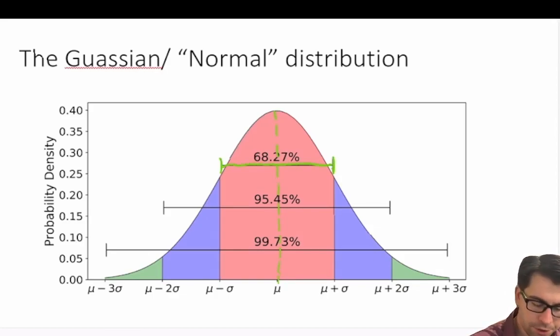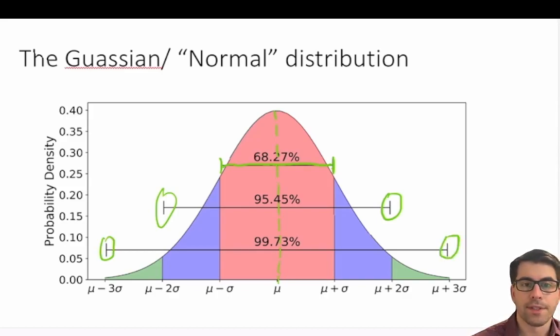Within plus or minus 2 standard deviations, so within minus 2 standard deviations and positive 2 standard deviations, we're going to see the central 95% of our observations. And then within plus or minus 3 standard deviations of the mean, we're going to see the central 99.7% of our observations.